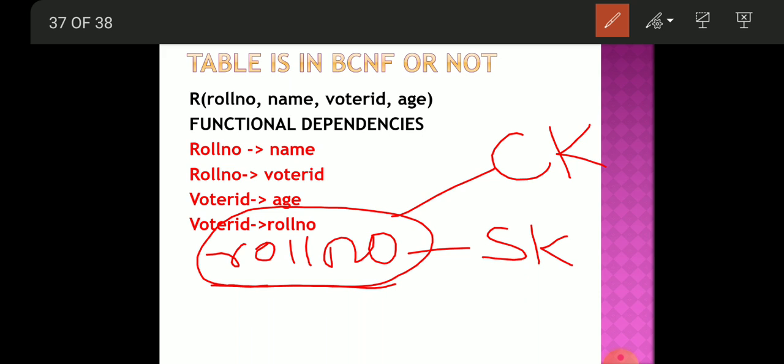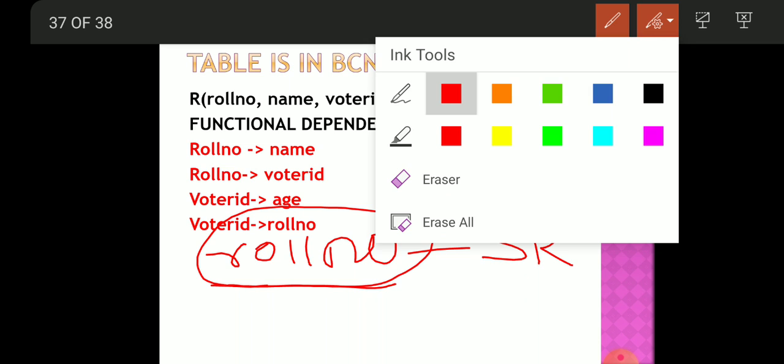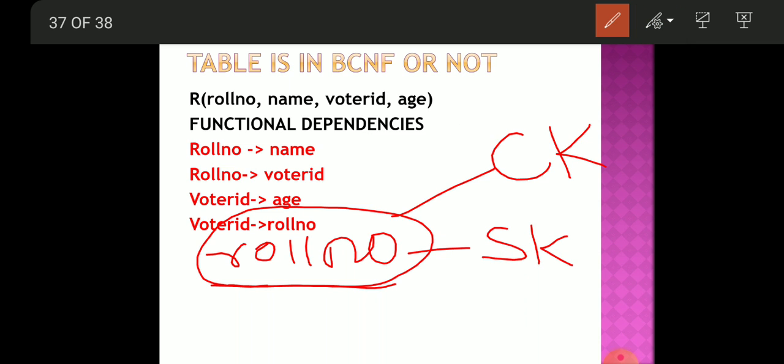So we have to check whether roll number is present on the right hand side of any of the functional dependencies or not. Let's check. See, in these functional dependencies, name is on the right hand side, here voter ID, here age, and in the fourth functional dependency we have roll number, right? So it means we can have a further candidate key. How will we find that candidate key? Now we'll replace roll number with voter ID.